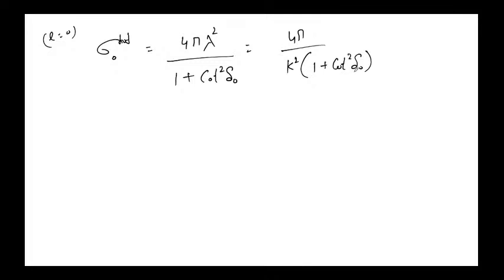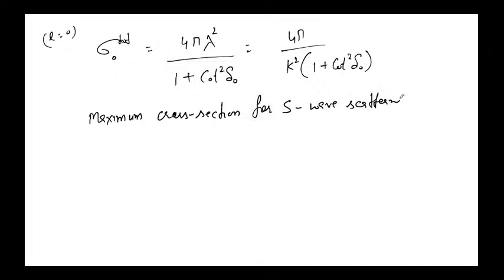When a neutron is interacting with a proton, in the NP scattering experiment, the maximum cross section for S wave scattering can be equal to 4 pi lambda square when there is no change in phase shift.